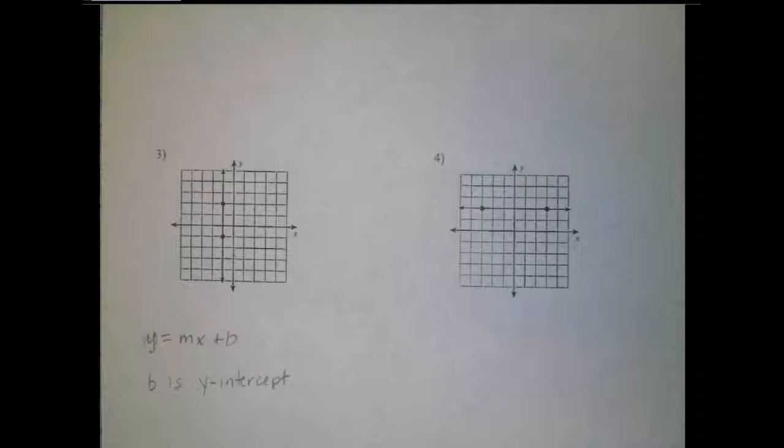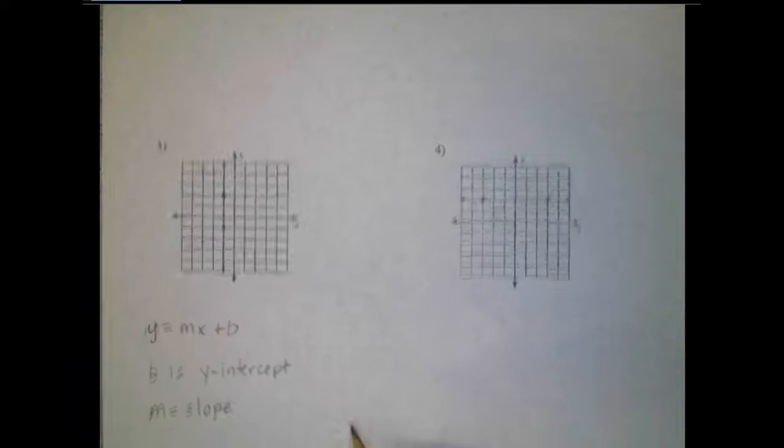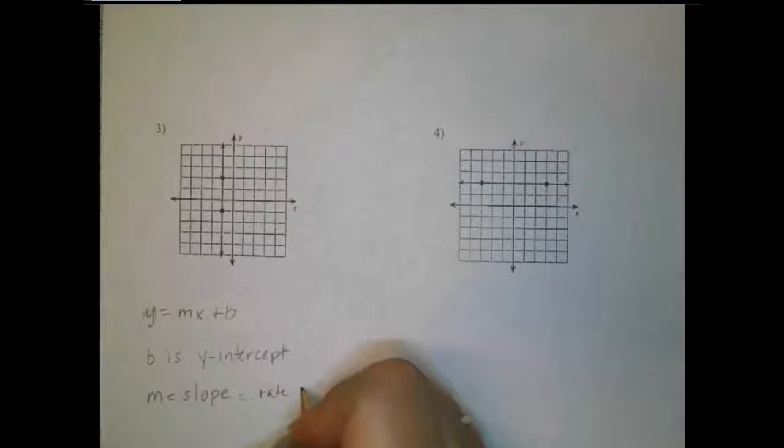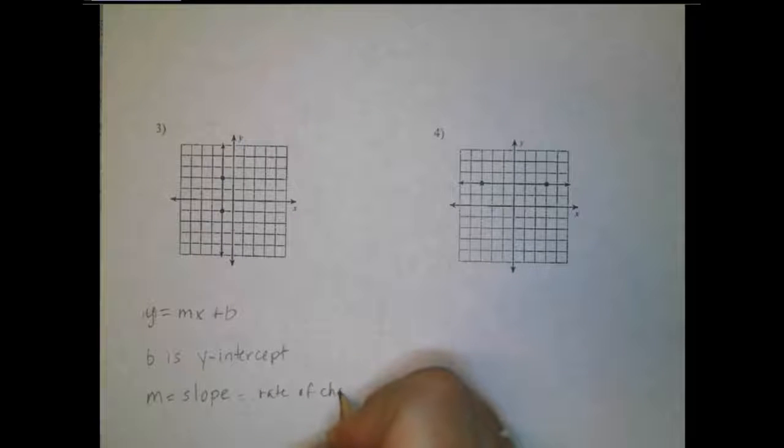Okay? m is what we're looking for. We're looking for slope. Slope can also be considered rate of change, which we've done using data tables. Yes?